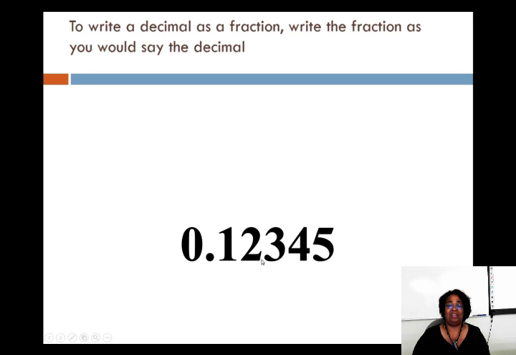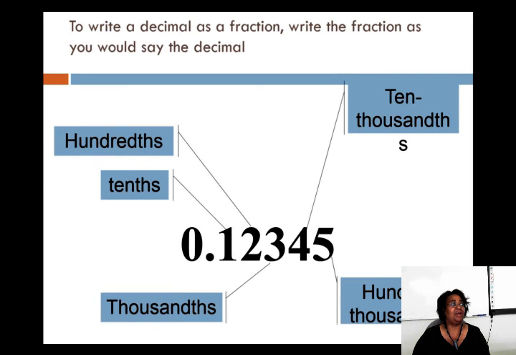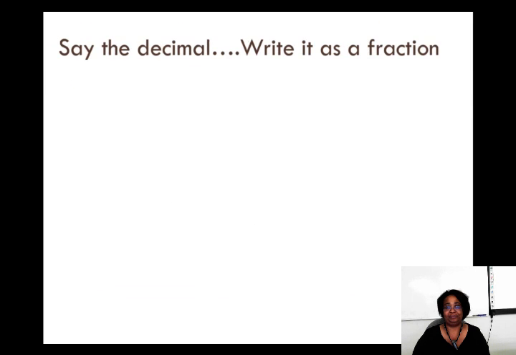Imagine putting a comma here. 12,345. What? Is that 10 thousandths? I would count it. Tenths, hundredths, thousandths, 10 thousandths, 100 thousandths. Right? That's the first thing I would have done is count the place values so I know what it's going to end with. Okay?